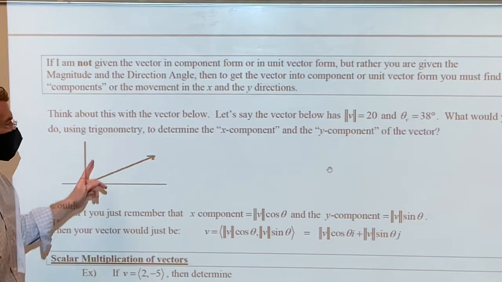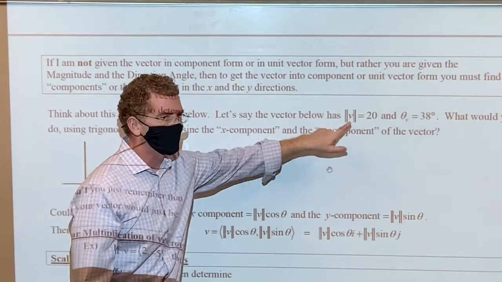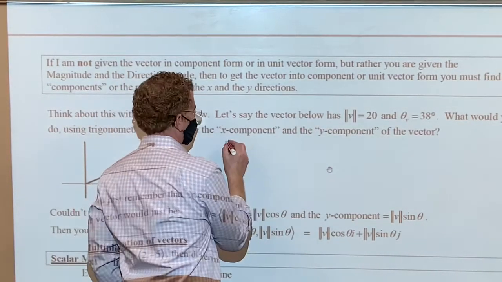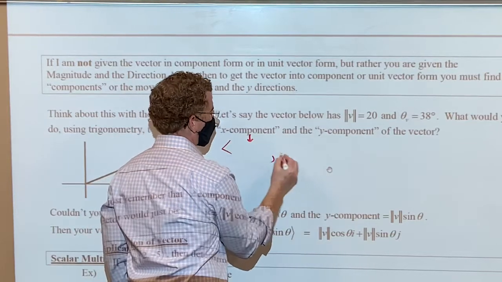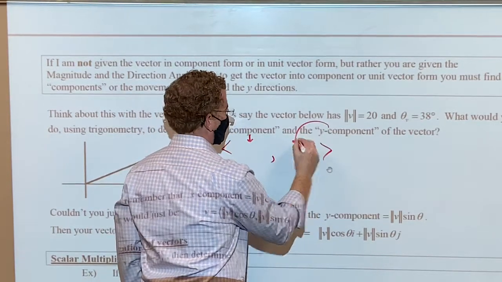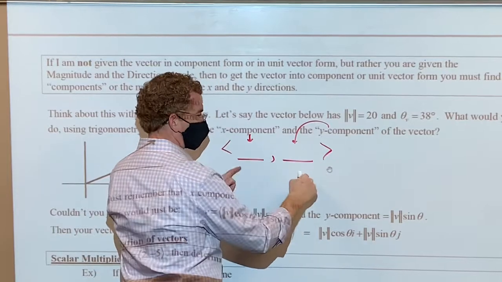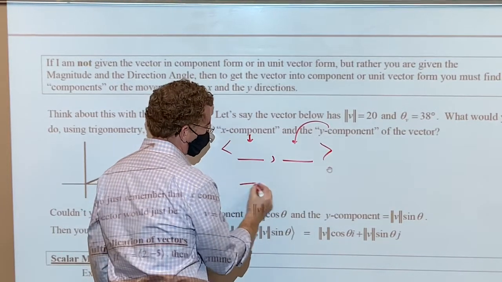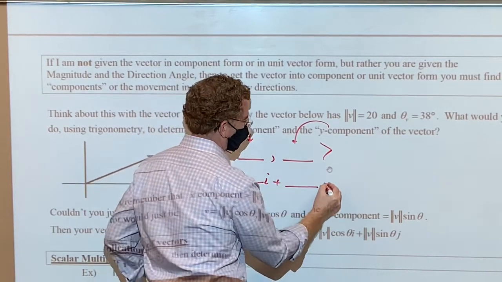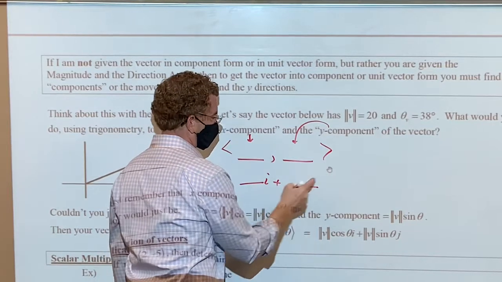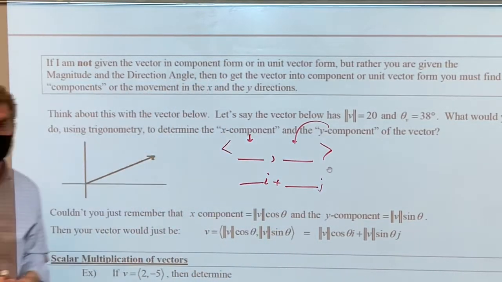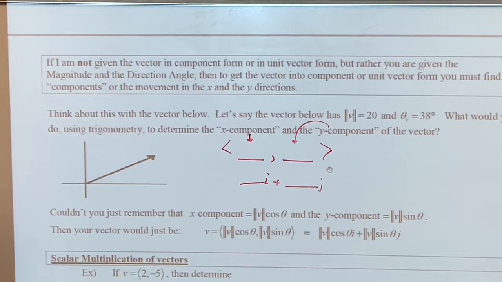How can I find the actual components of the vector? The components would be the values that go in my component form, or the same values that go in my something i plus something j form. How do I find those components?